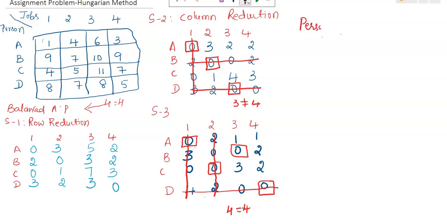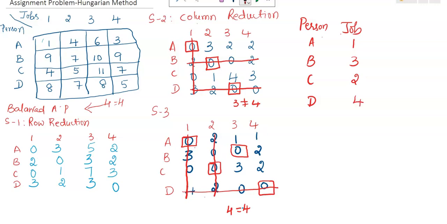So the persons are A, B, C and D, and the jobs are being allocated. For person A, the job allocated is 1. For person B, the job allocated is 3. For person C, the job allocated is 2. And for person D, the job allocated is 4.